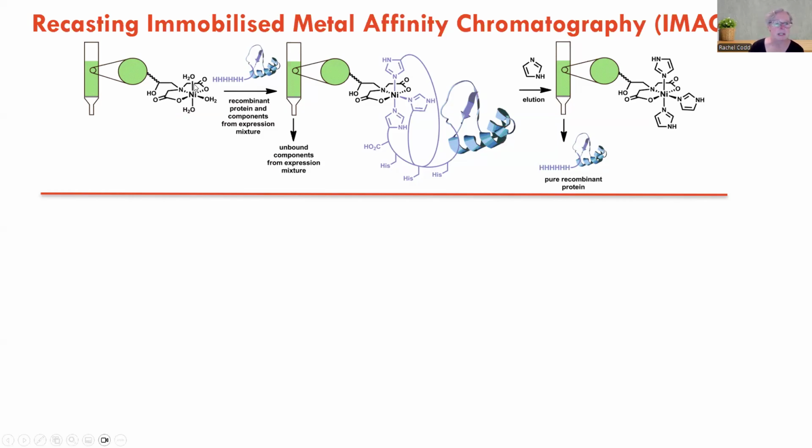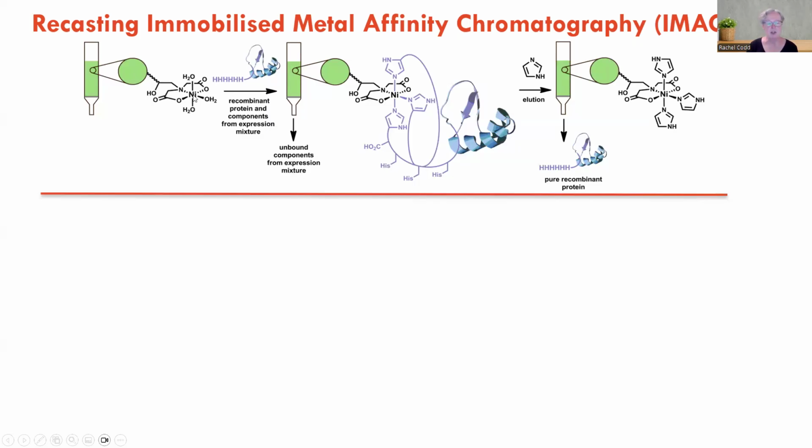What we have here is a solid resin, and attached to that resin is a covalently added tridentate chelate. This tridentate chelate is aminodiacetic acid, shown in this part here. The aminodiacetic acid itself is bound to a nickel ion, and so the resin format is partially saturated.